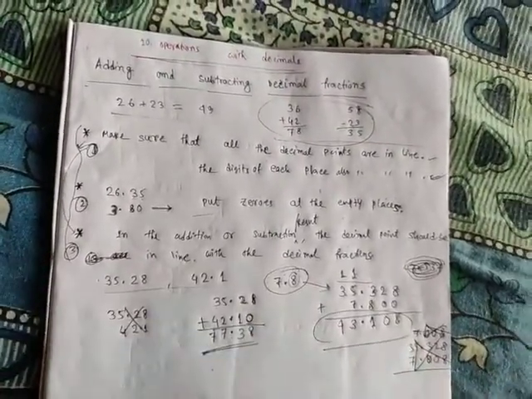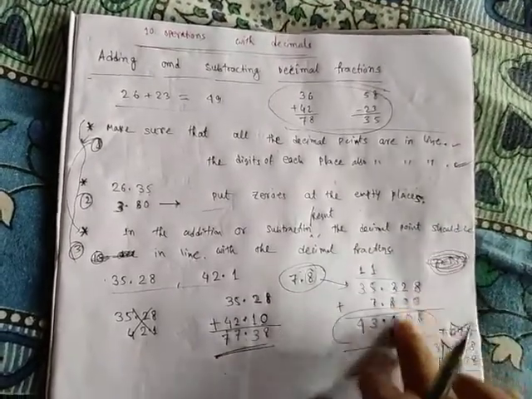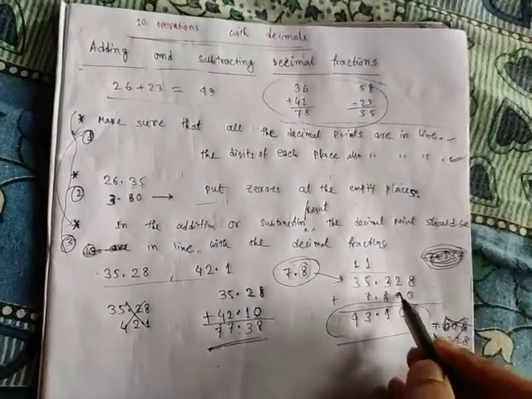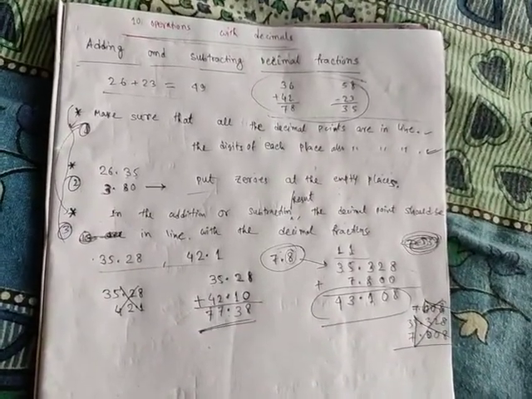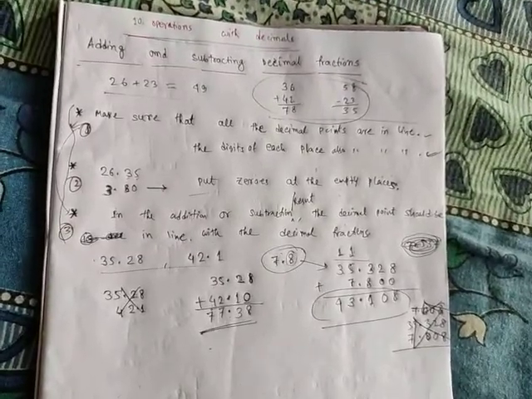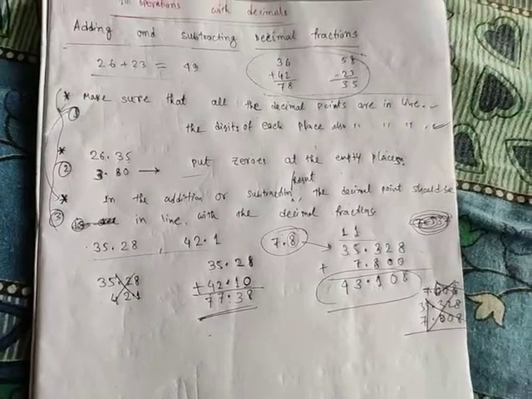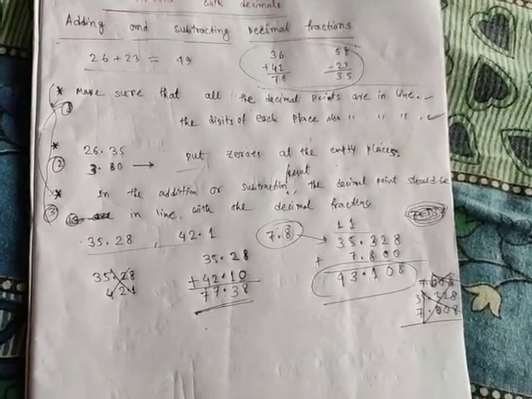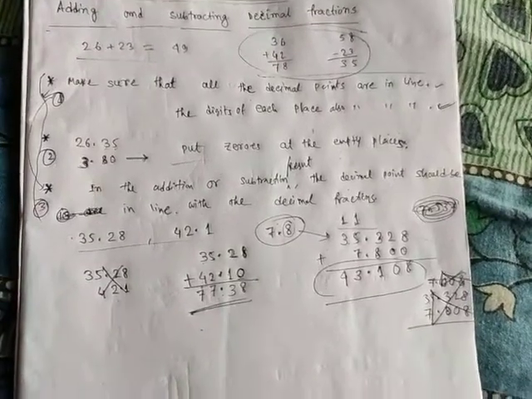Okay, to equal the number of digits. If you can do the sum without putting the 0, then you can. But it is easy if you put 0, then the sum will be easy for you. Otherwise, you have to concentrate on the sum and do the sum by taking 0 in your mind.